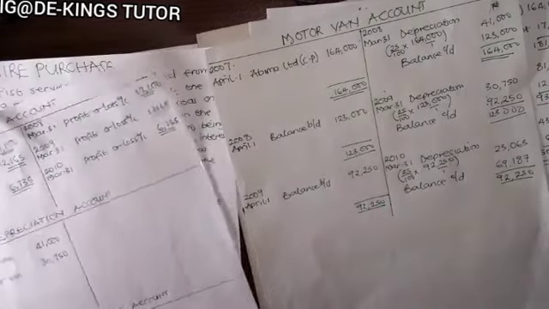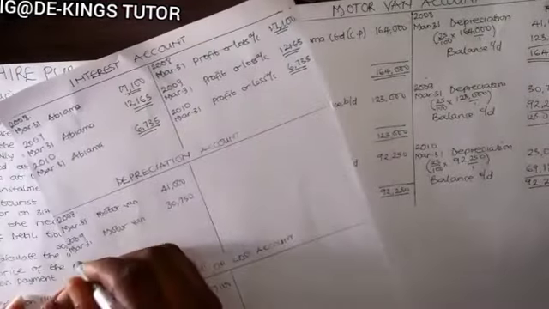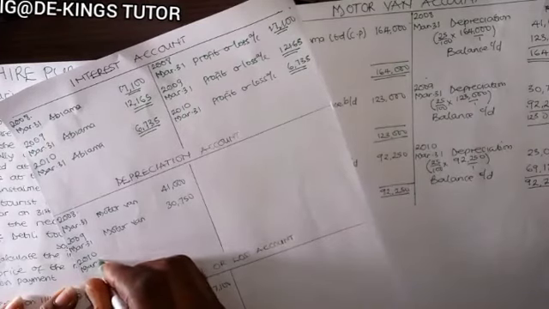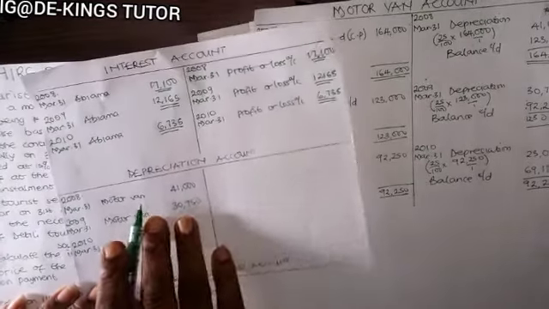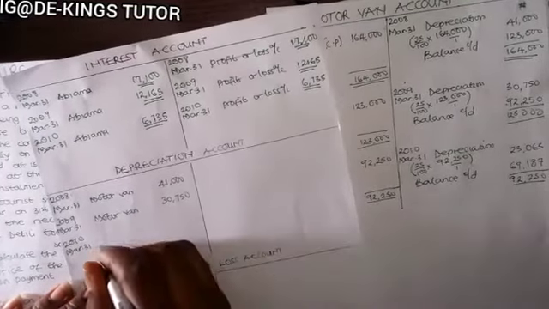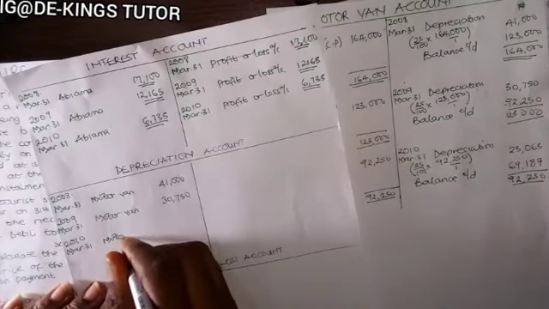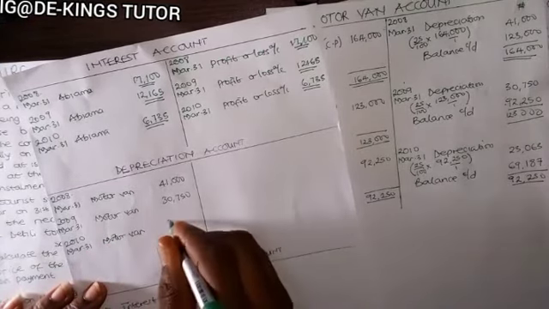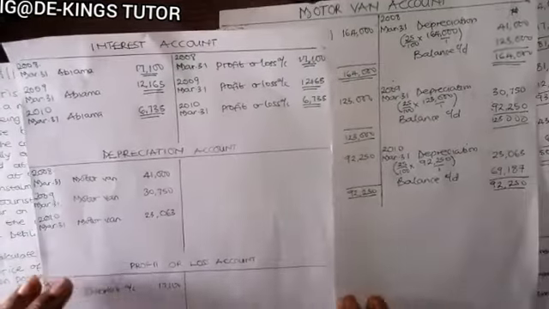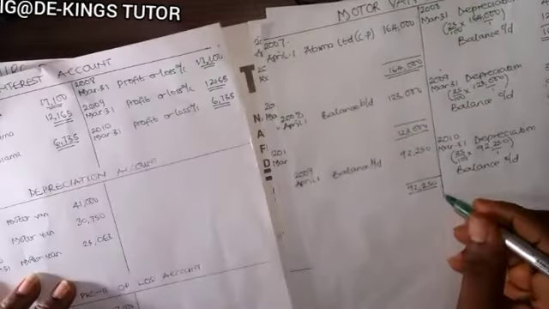So that this will be 92,250. Now for the depreciation account also for 2010, March 31st, we have here 23,063. So we have motor van 23,063. Okay. Now this balance carried down.